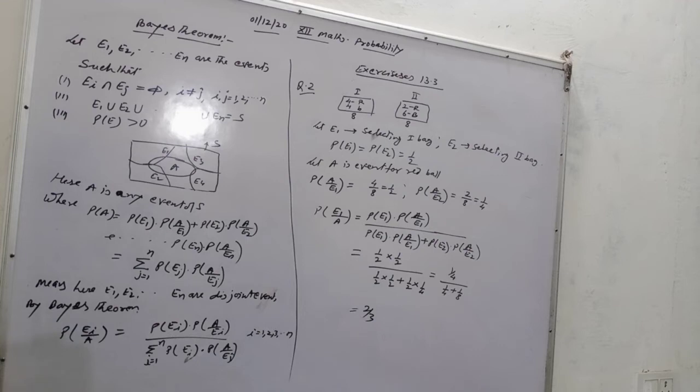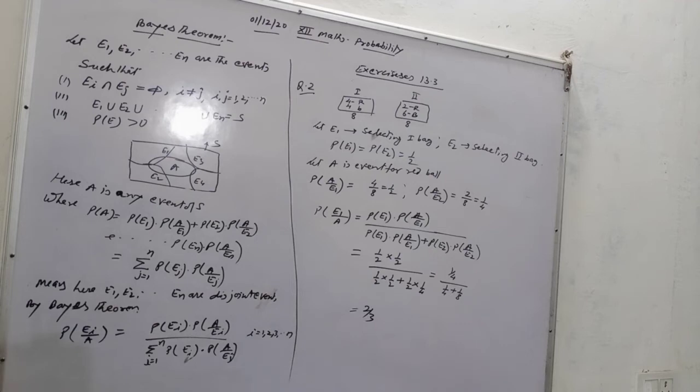See question number 2. A bag contains 4 red and 4 black balls, and a second bag contains 2 red and 2 black balls. One of the 2 bags is selected at random and a ball is drawn from the bag which is found to be red. Find the probability that the ball is drawn from the first bag. First you have to consider the events.